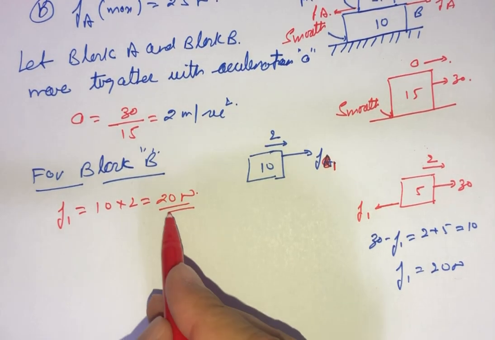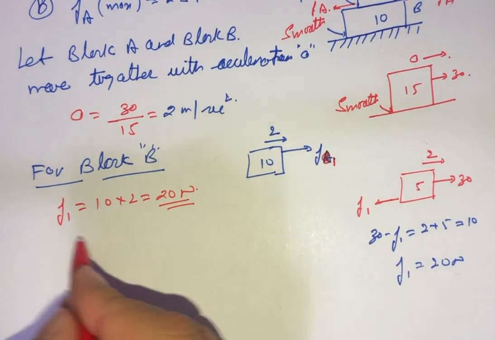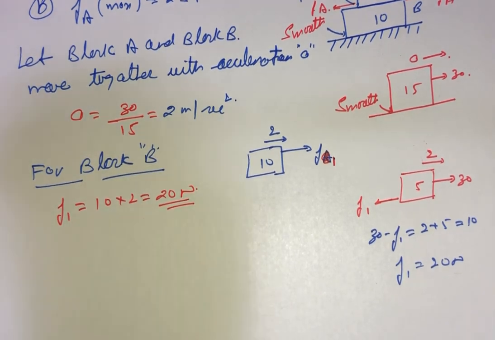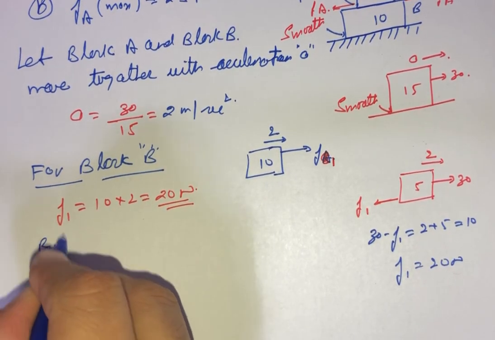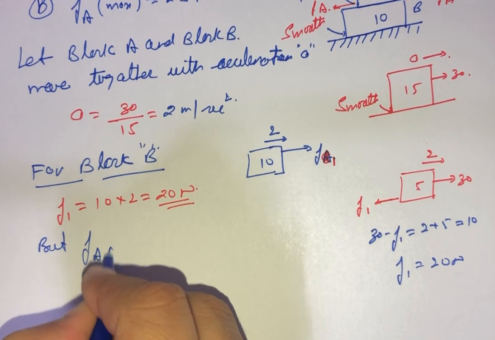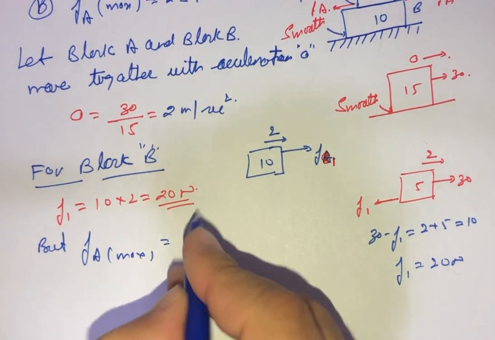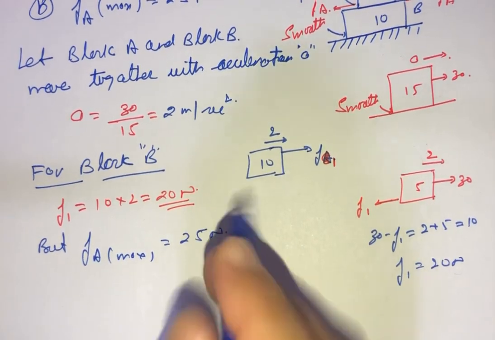So we have F1, that is 20 Newton, but our Fa max is 25 Newton.